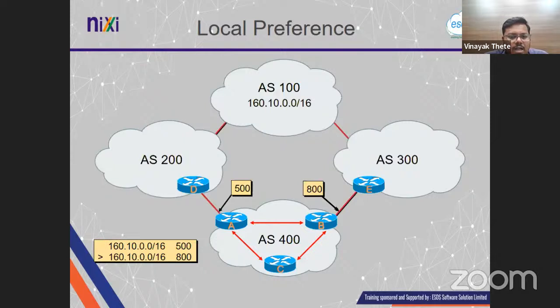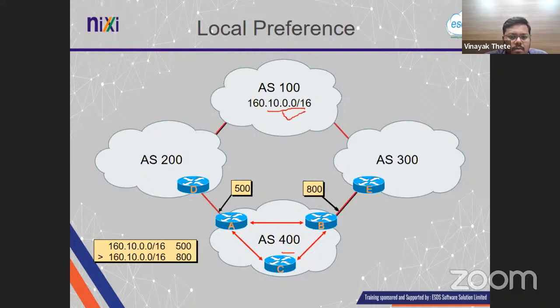Suppose this route 160.10.0.0/16, I have received on AS 400 on router C. Router C has two paths to reach this destination route.